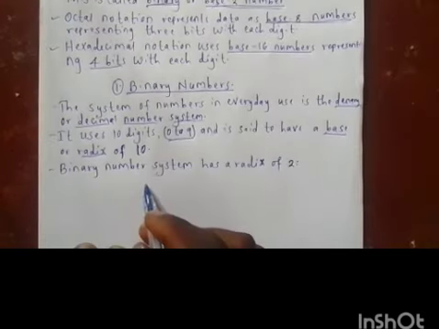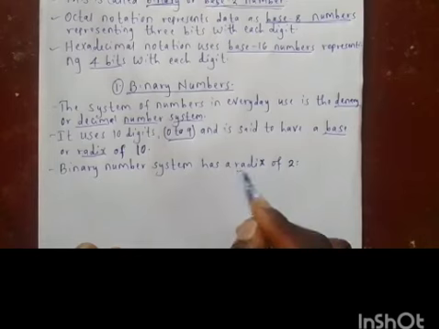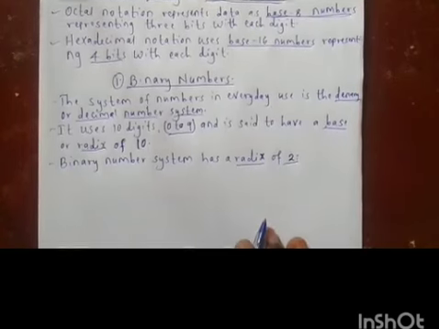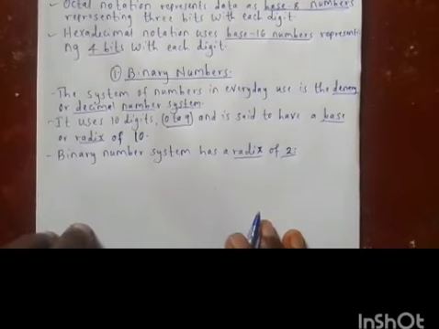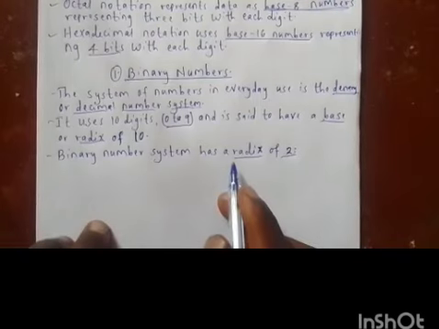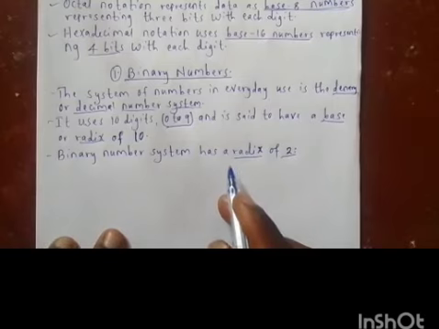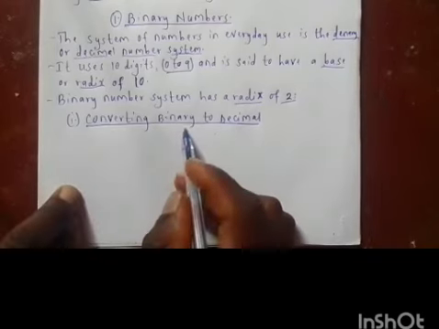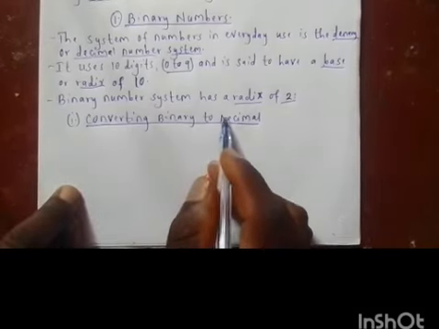A binary number system has a radix of 2. So we want to see the process of converting binary numbers to decimal numbers and vice versa. First, let us look at converting binary to decimal.